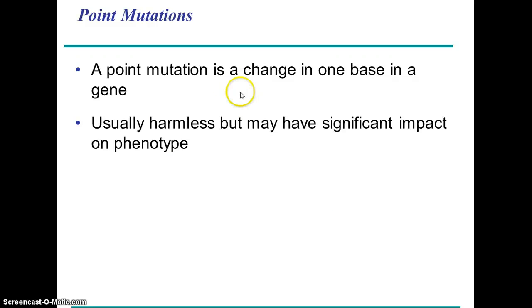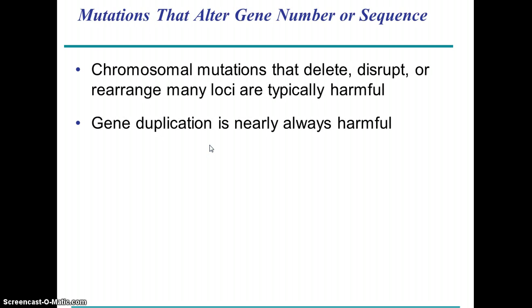Sometimes, as it says here, these are harmless, silent mutations, but other times they can have an effect on the phenotype. And you can get larger mutations at the chromosome level. These often can be quite harmful when you have extra pieces or you're missing pieces of your chromosomes, for example.